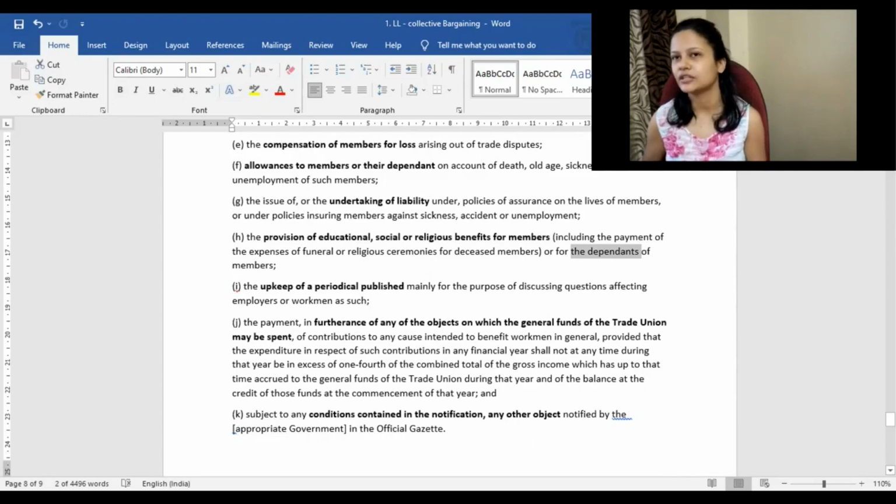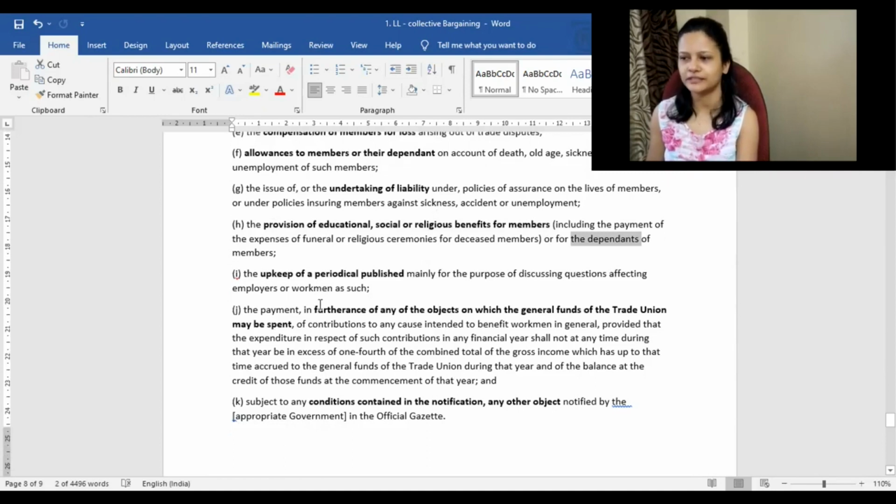It may be that for educational purposes, some amount may be provided to the people, or in case they may be having some scholarship facility or something, right? So those provisions also depend on the objectives that they have set, and accordingly they can give some additional benefits also, whether it's in terms of educational, social, or religious benefits.